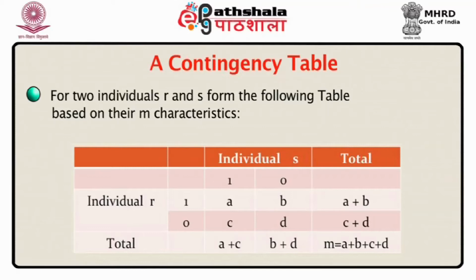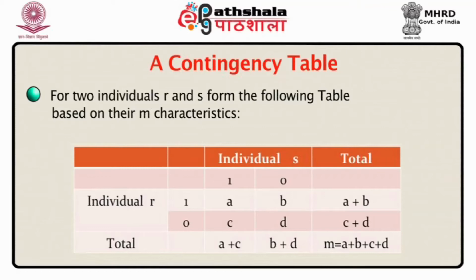So if we are looking at 1 1, this 1 1 cell corresponds with individual R having characteristic 1, individual S having characteristic 1, and suppose of the M characteristics there are A such characteristics in which both R and S have 1.